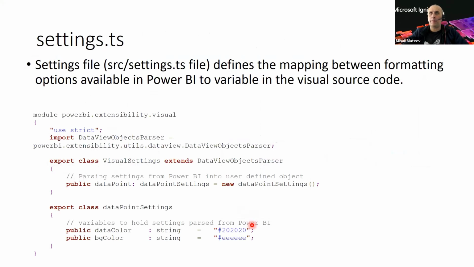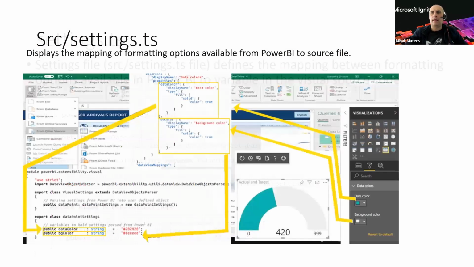So next, actually, the file is settings.ts, where we have some mappings between some formatting options. It is also something which is related to our configuration during the design mode. So we have some default settings, we have some parsing, and these settings can be configured here. You can see the schema.